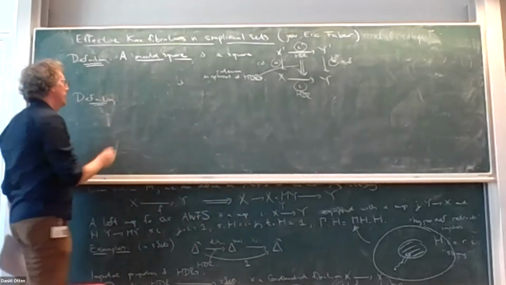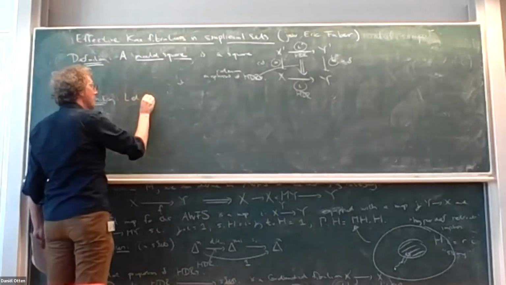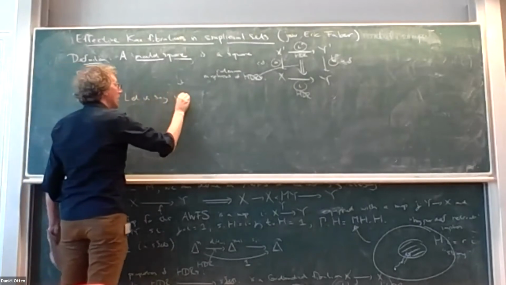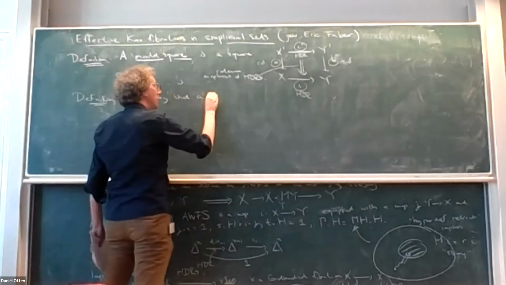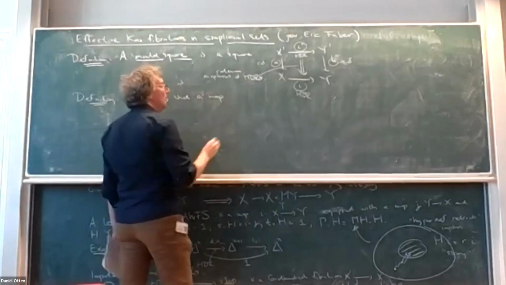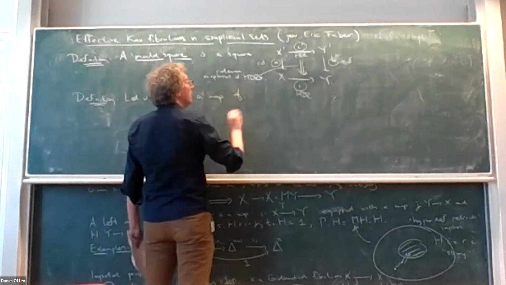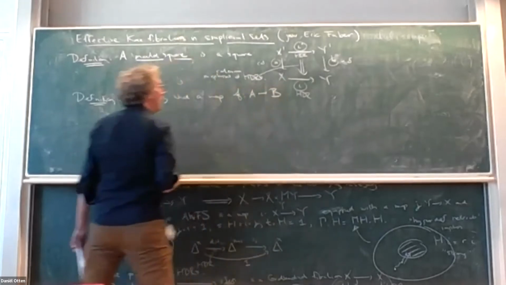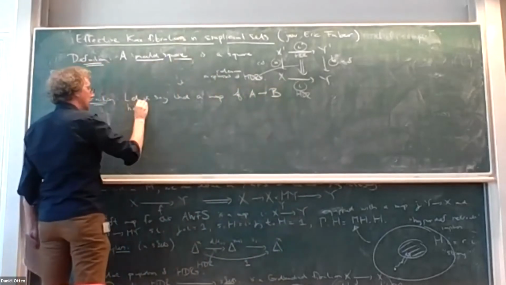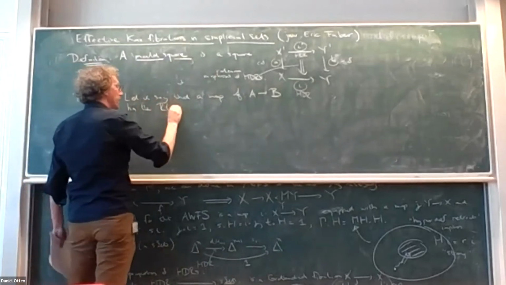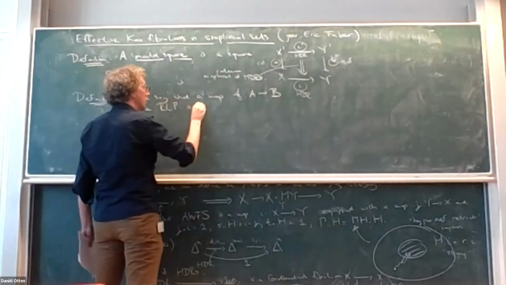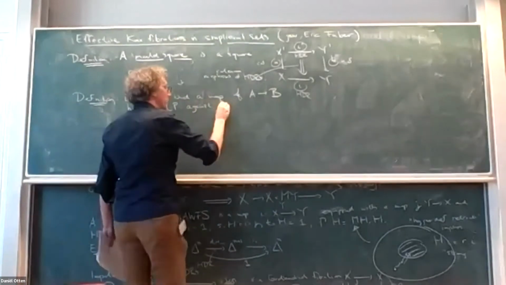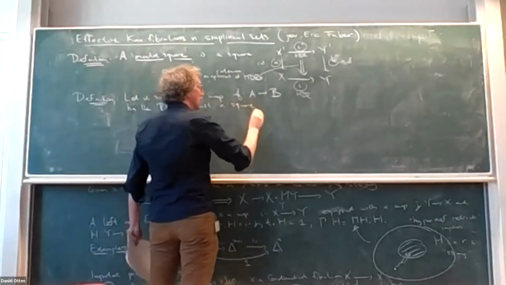So let us say a map F, say from A to B, has the lifting property against the square of this.